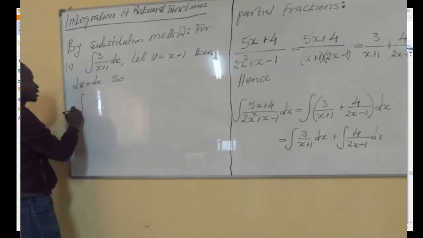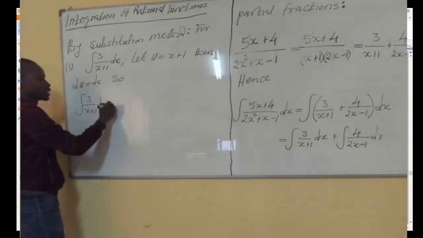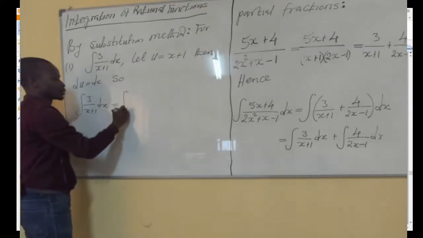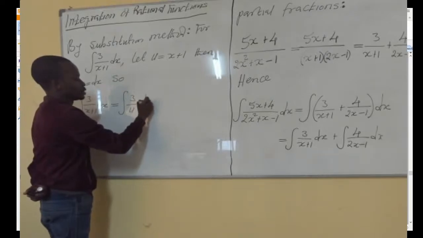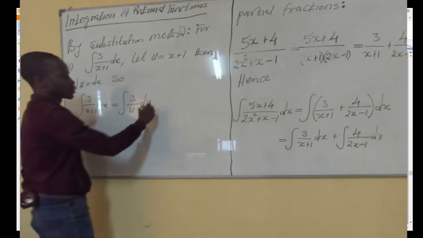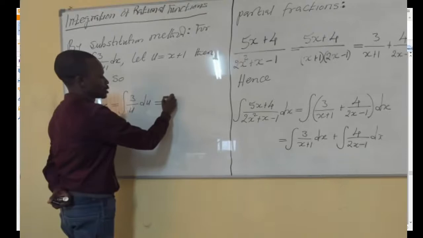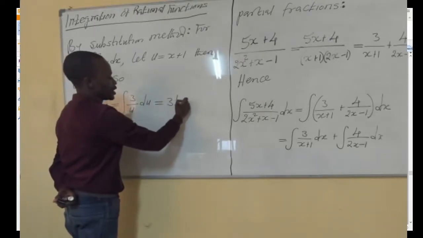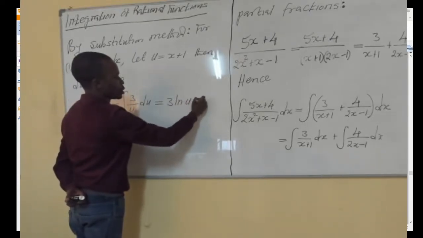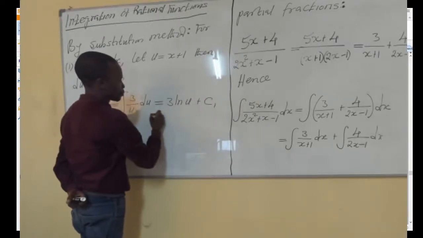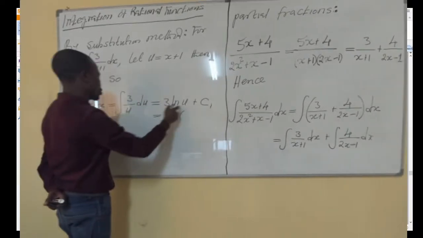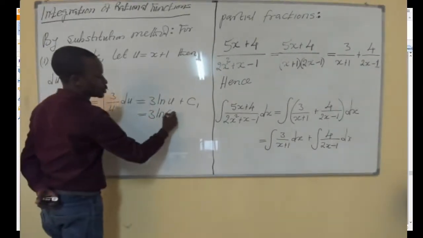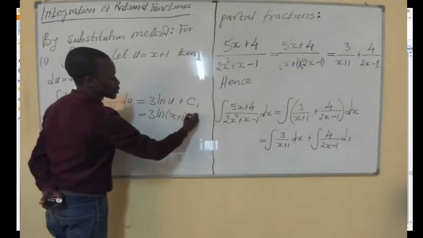So the integral of 3 over x plus 1 dx is just equal to the integral of 3 over u du, which will give us 3 ln of u plus c1, which is 3 ln of x plus 1 plus c1, since our u was equal to x plus 1.